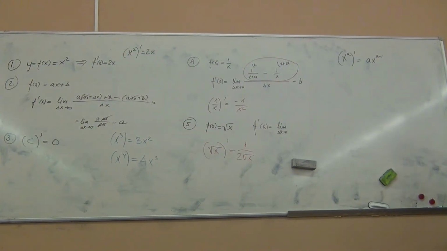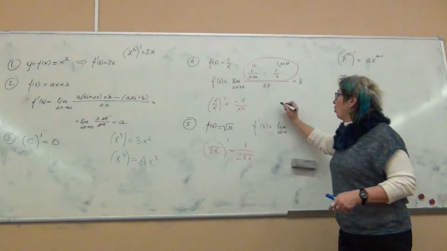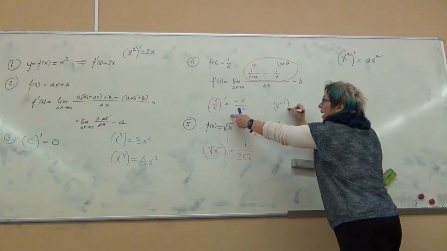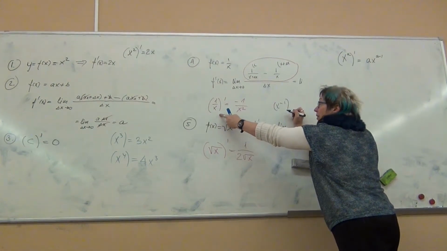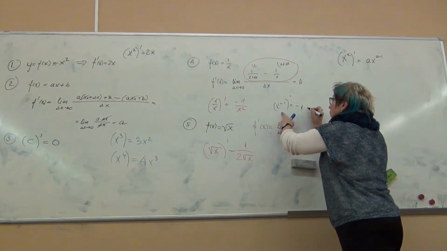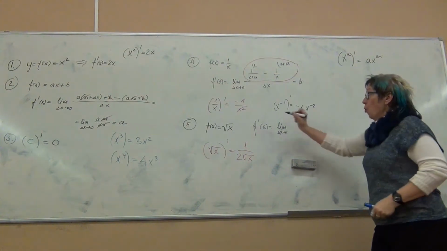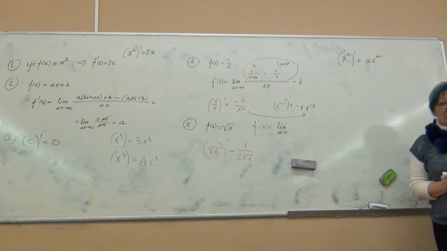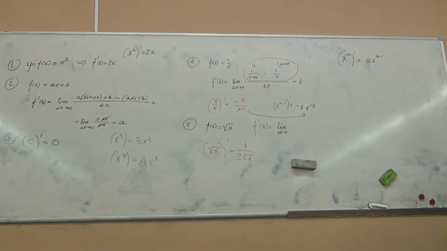It could be negative, for example if n is minus 1, it should be minus 1 times x to the power minus 2, which is exactly it. So yes, it works for negative integers.